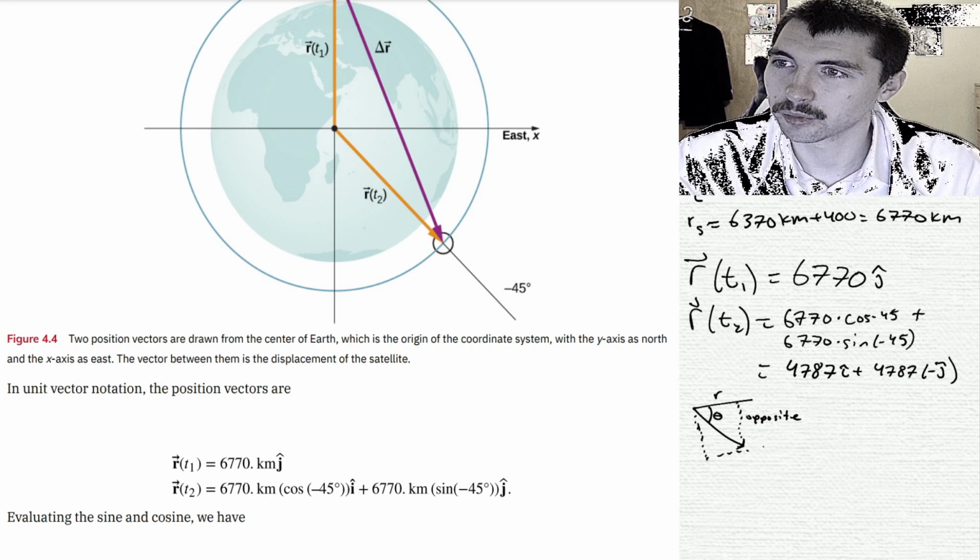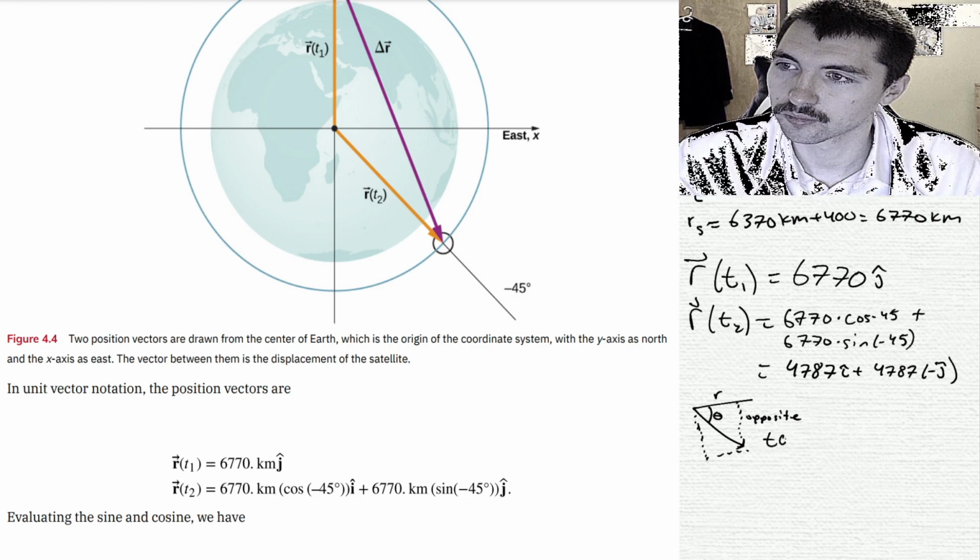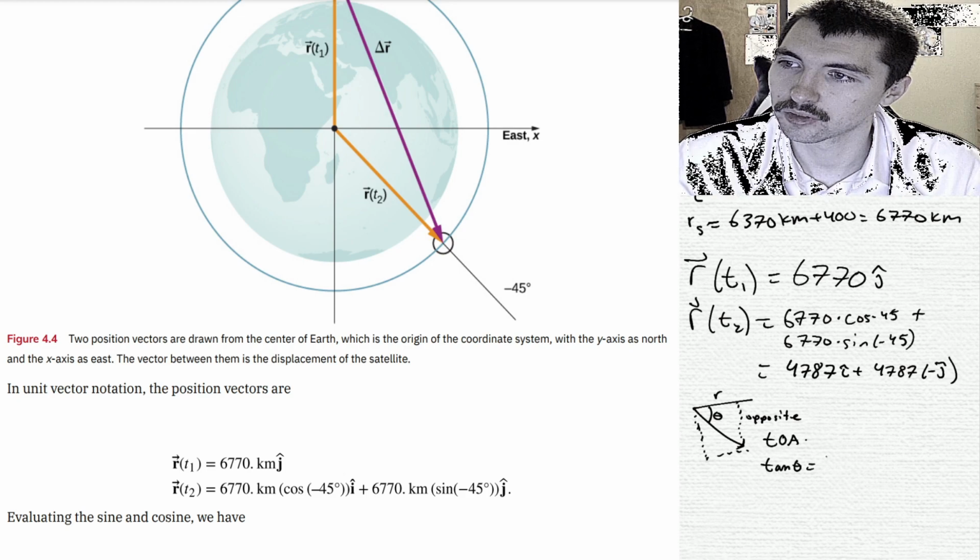Okay, so we're going to do, or what we did. I know the calculator made it easy, but so TOA, so that's tangent theta is opposite over adjacent, which is our r.